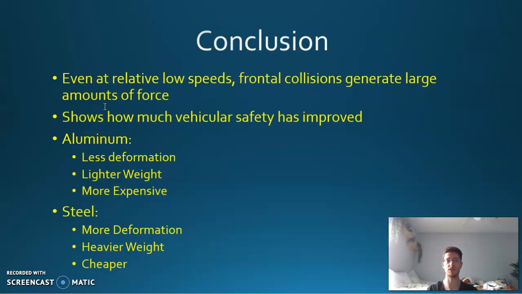So depending on the application, if you want to have maybe a car that is more focused on fuel efficiency or performance, you definitely want to go with aluminum, mainly because of the weight, since their performances are not really that different that it would make sense to have a part that is almost 3 times heavier than an aluminum one. But again, it's way heavier, it has more deformation, which could aid a better impact absorption.